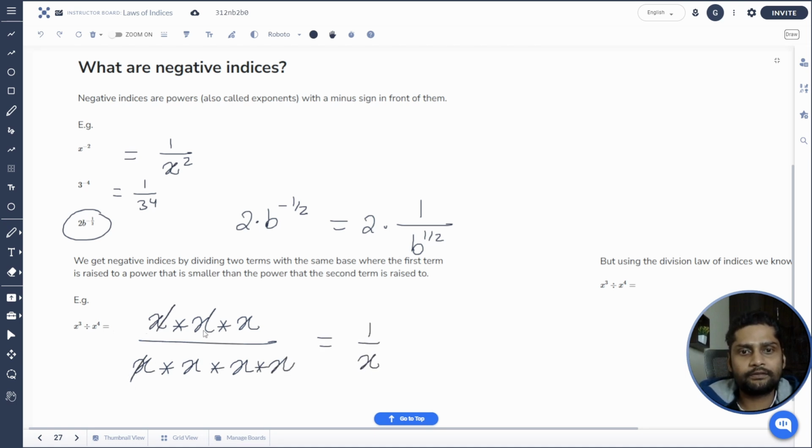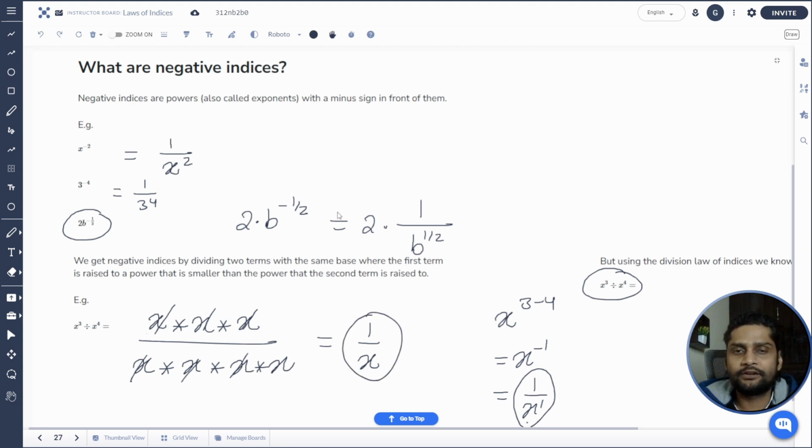But using the law of exponent, students, we can further simplify this as subtraction of exponents, because that's the quotient law of exponent, and we again get x raised to the power of negative 1, which is obviously 1 over x raised to the power of positive 1. So that simply justifies our rule that negative indices can be solved in that way.